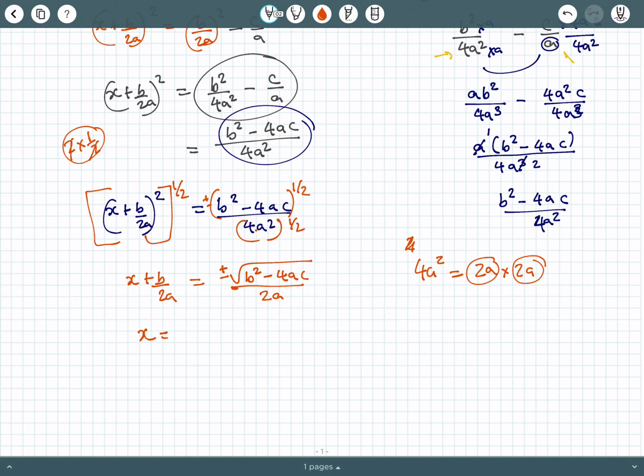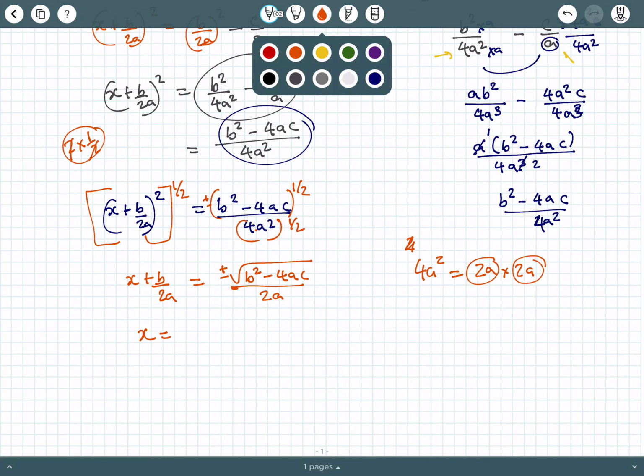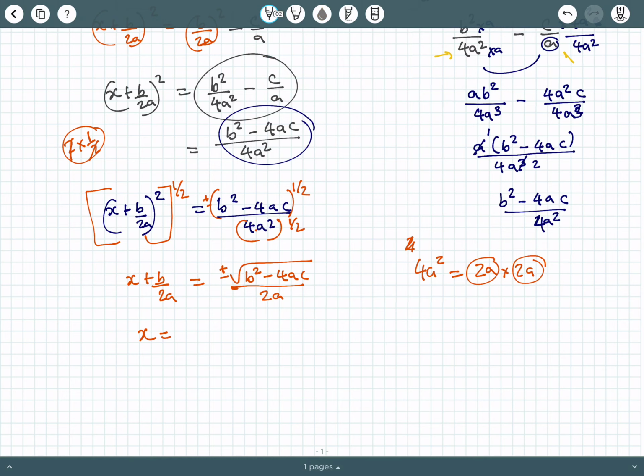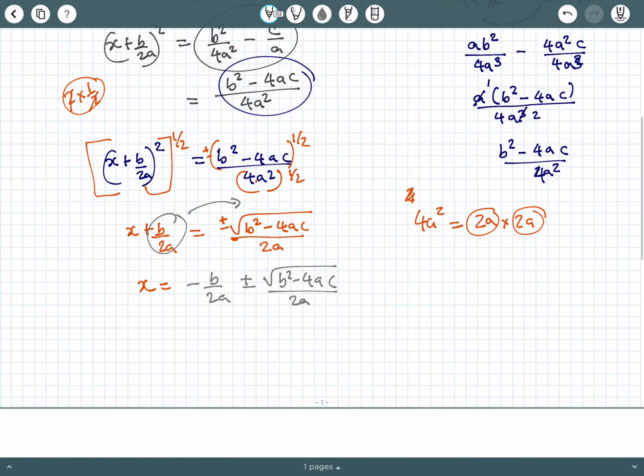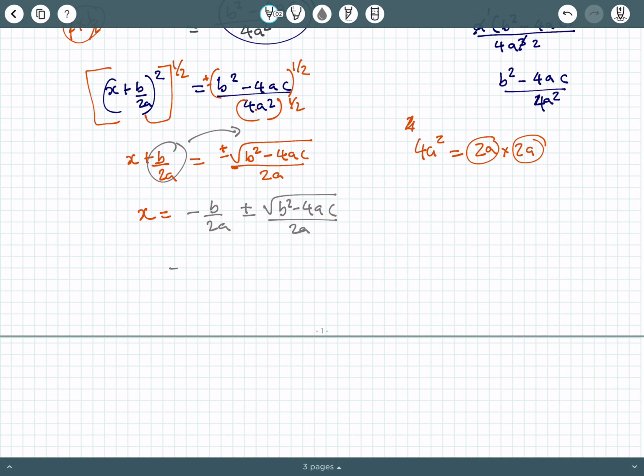So x equals, we're taking this b over 2a to this side, becomes minus b over 2a plus or minus square root of b squared minus 4ac over 2a again. So now we've got a common denominator. We can just write it down. So we have minus b plus or minus square root of b squared minus 4ac.